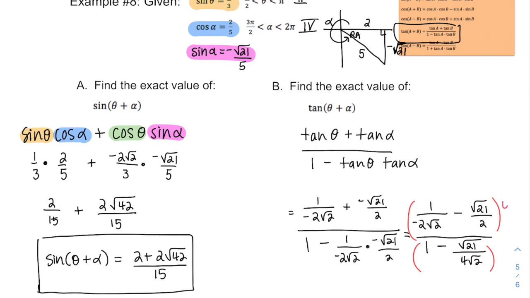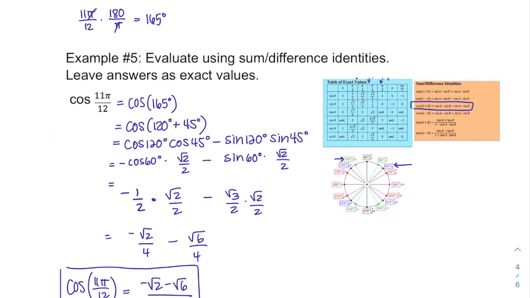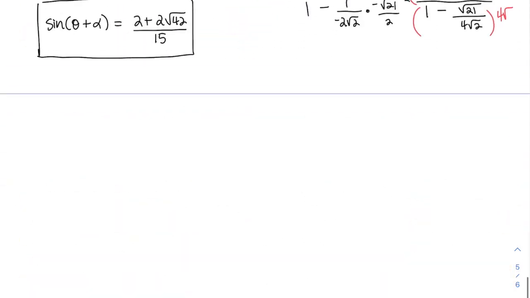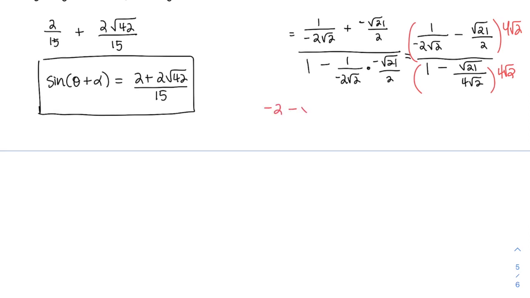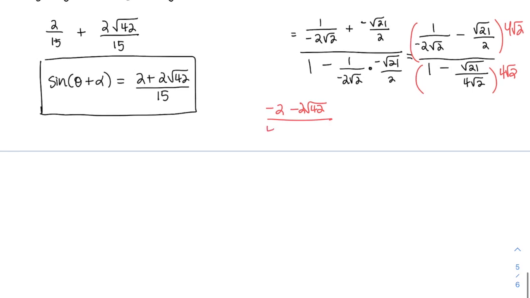So if I multiply everything by 4 root 2, that should clear out my denominators. Okay, so what we end up with is a negative 2 minus radical 42 all over 4 root 2 minus root 21.